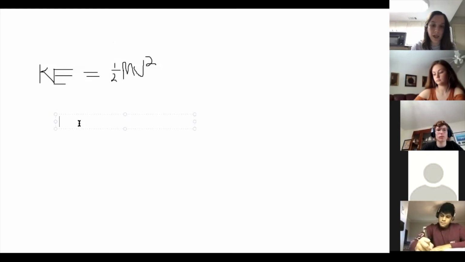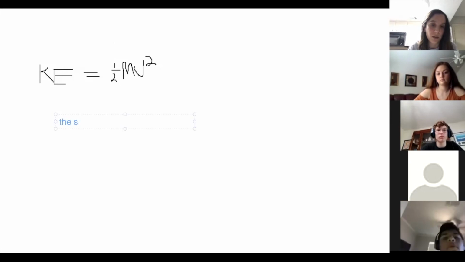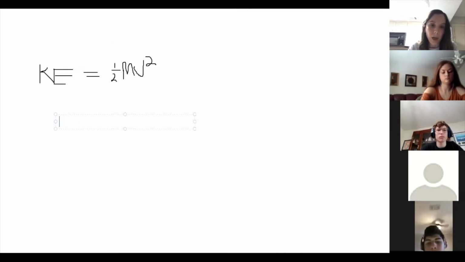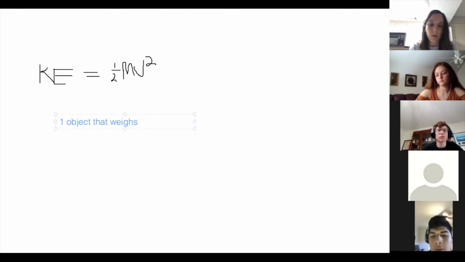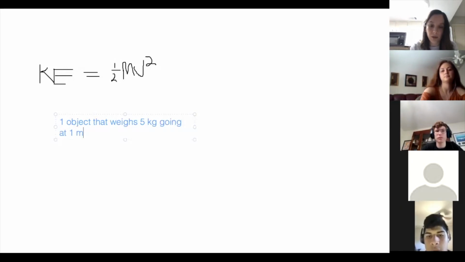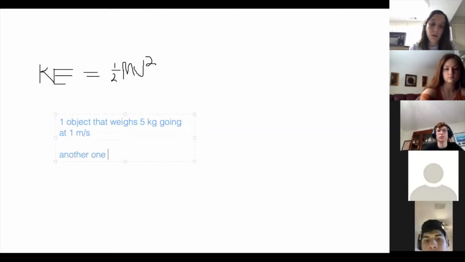So let's say this. We have one object that weighs 5 kilograms, going at 1 meter per second. Another one weighs 10 kilograms, going at the same speed.